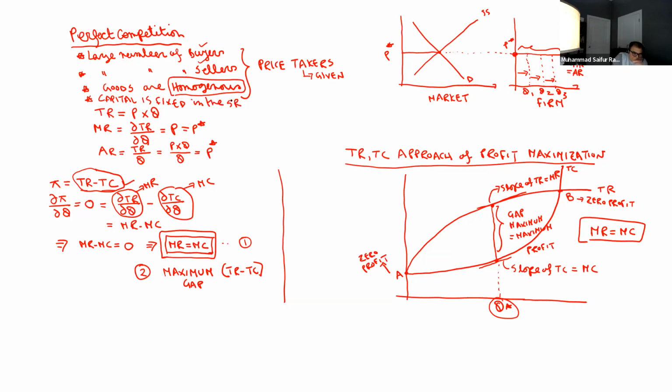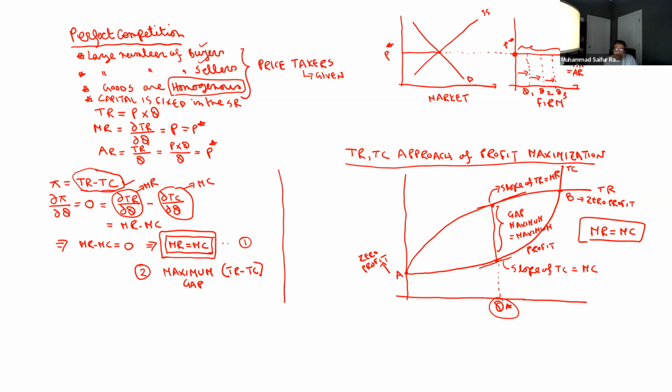Short run is basically a time frame during which our firm cannot make certain decisions about their production process. That involves buying new capital because it is expensive. In the short run, however, firms can make other decisions like buying labor, raw materials and other resources.